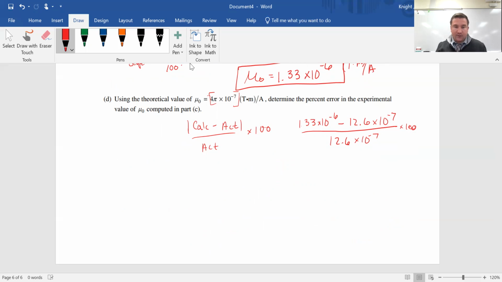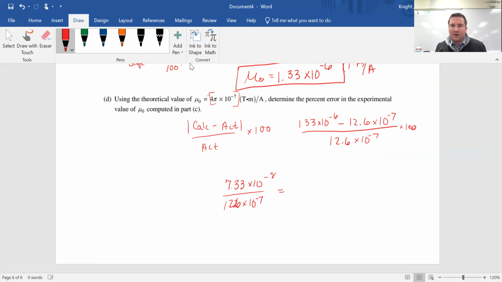So we get 7.33 ish times 10 to the negative eighth divided by 4 pi times 10 to the negative seventh. I guess you could just keep it as 4 pi times 10 to the negative seventh the whole time.